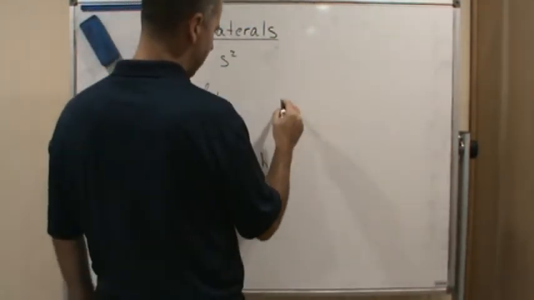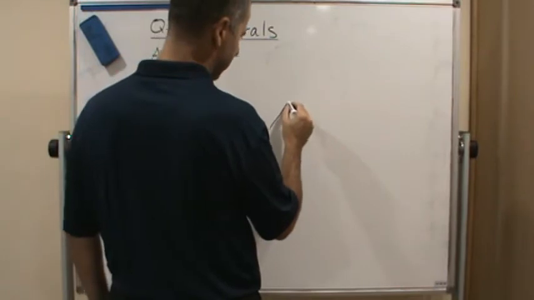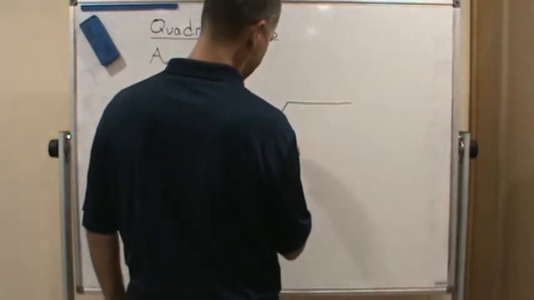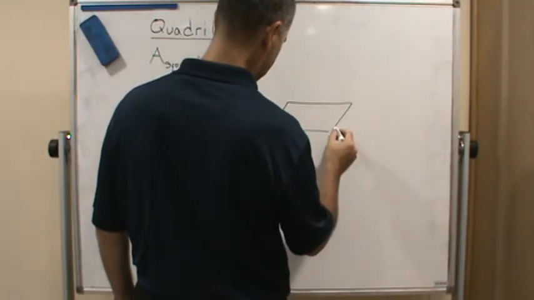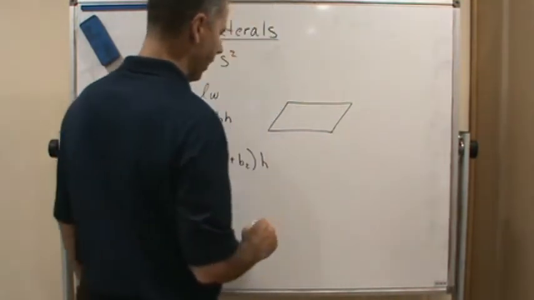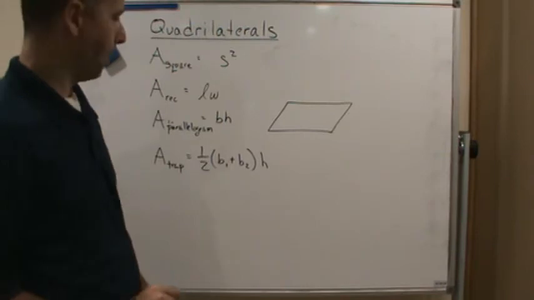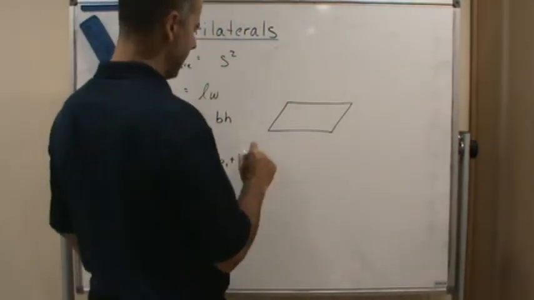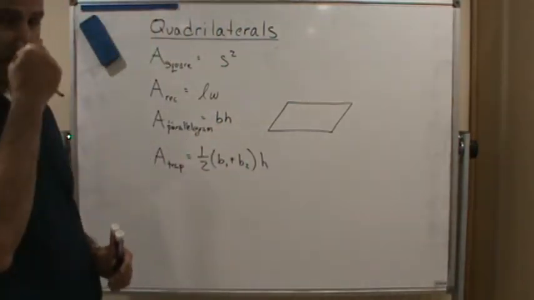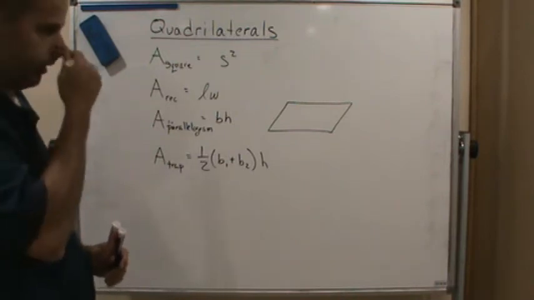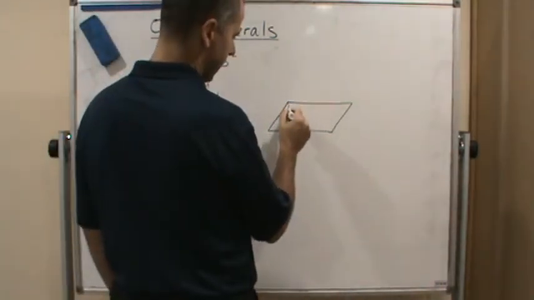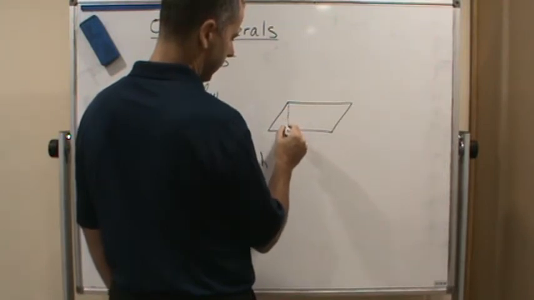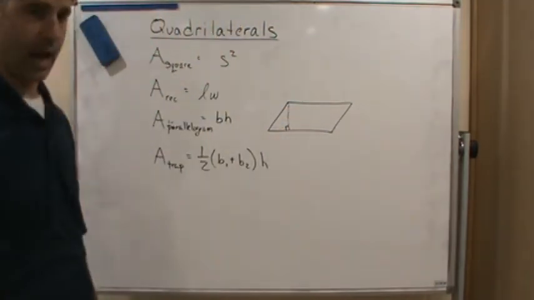Now, parallelogram, it's a little harder to see, but I'll show you that you get the exact same thing. So let's say this is a parallelogram. Well, to see that you get the same answer as base times height or length times width, look at this. Just pretend you can cut a right triangle off at the top here.